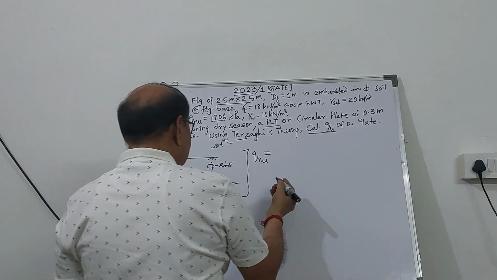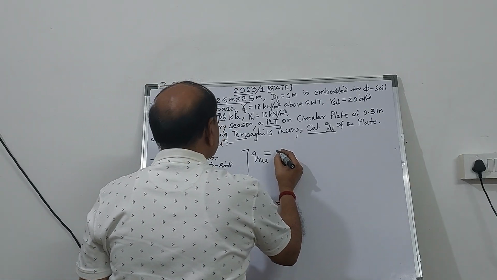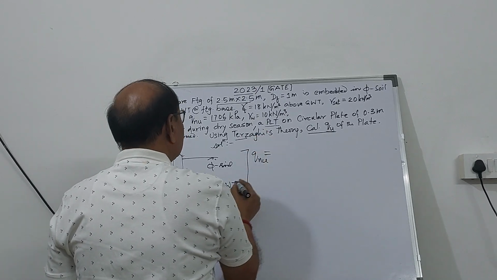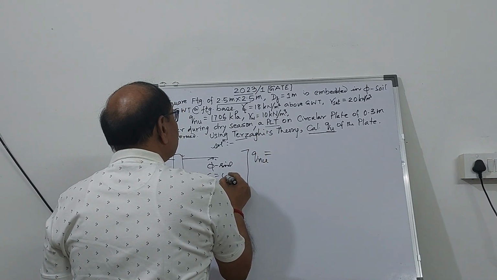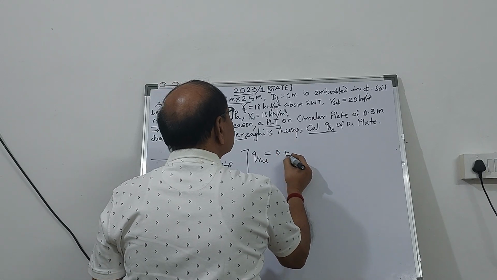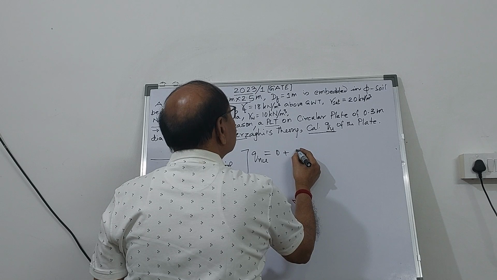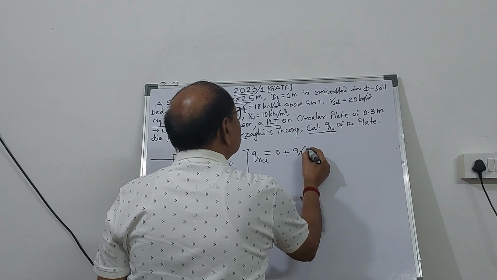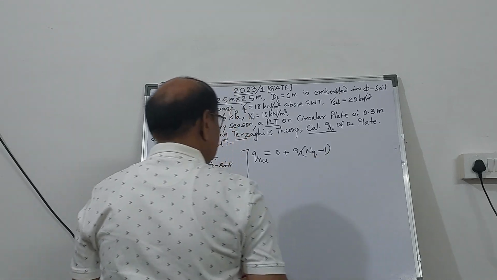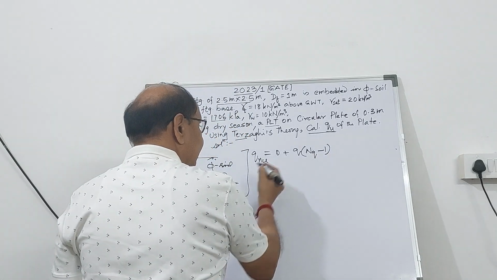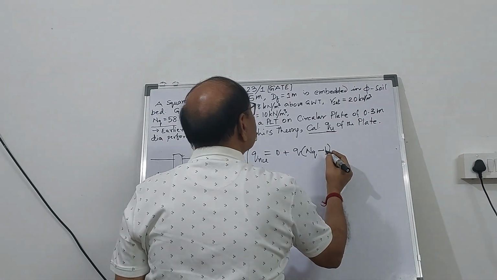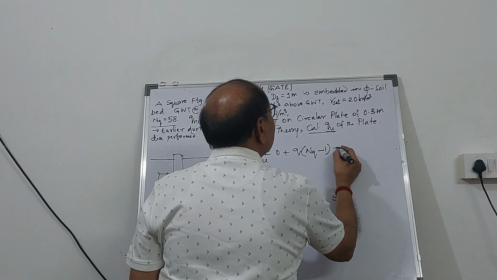C is going to be 0 here, so the C and NC part will be 0. The second part is going to be Q into NQ minus 1, because it is net ultimate.